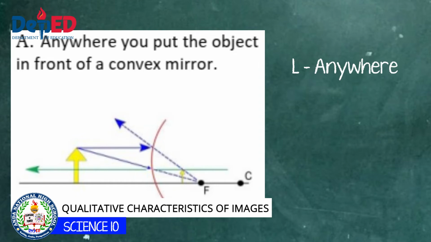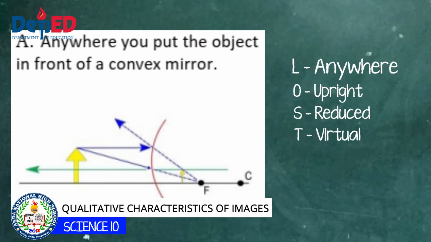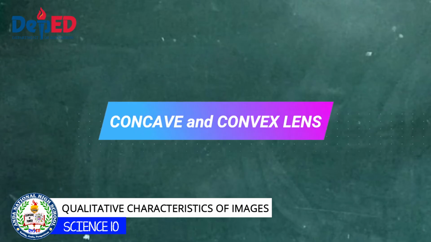How about orientation? It will be upright. But how about the size of the image? The size will be reduced. And the type of the image? It will be virtual.